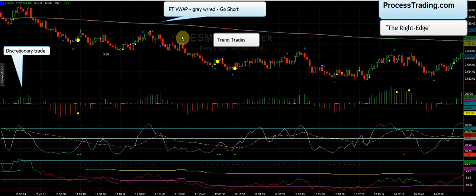On this one, and on this one here, you never would have got into that trade because of the trade management system. So that's our setups for today. You would have made about 15 points, $750 with one contract. You would have made one discretionary trade and 1, 2, 3, 4 trend trades.